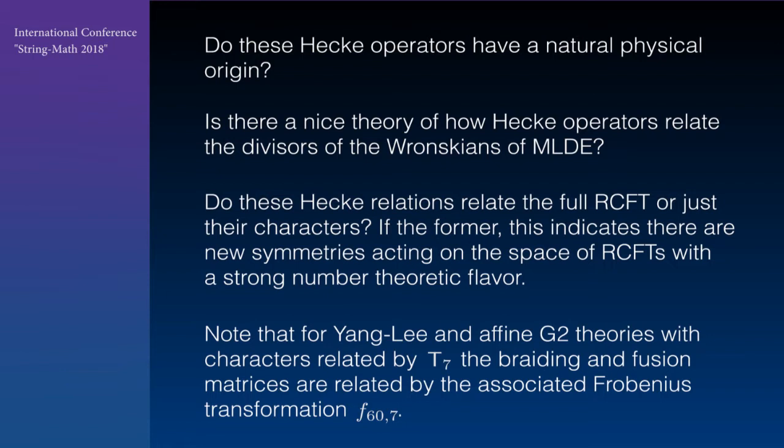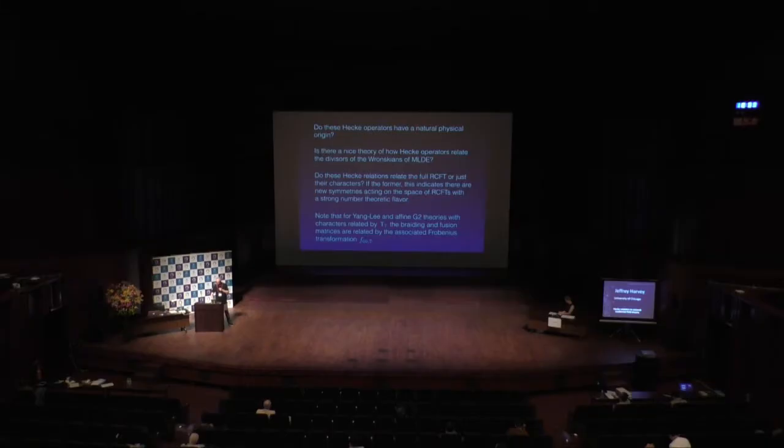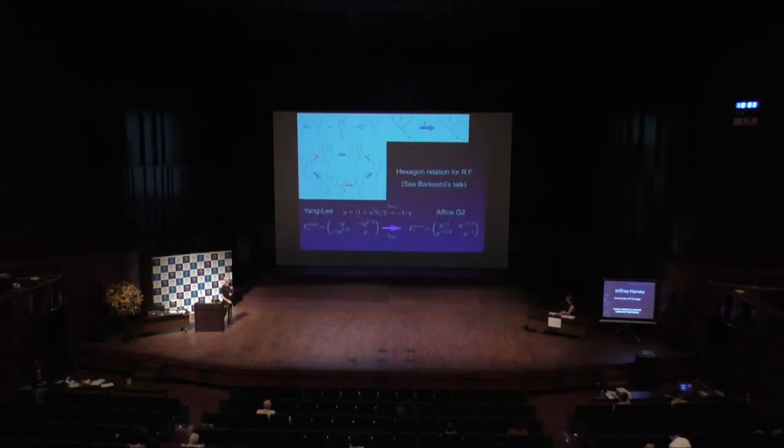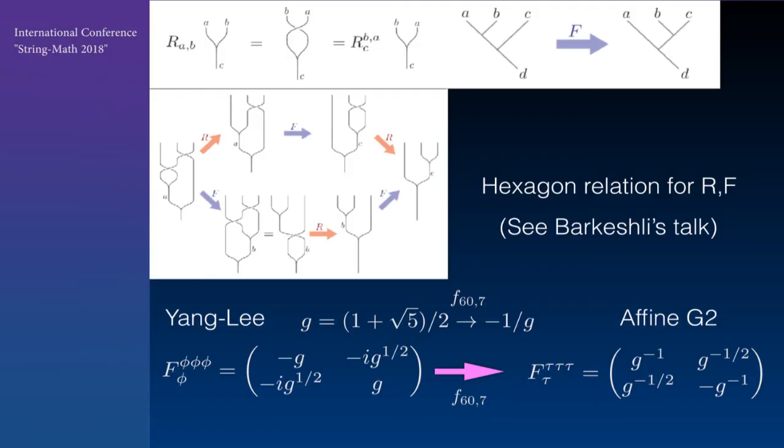For Yang-Lee and affine G2, there is some partial evidence in the braiding and fusing matrices, which we heard about yesterday in Barkeshli's talk. I won't go through the details, but in a modular tensor category that you can extract from a rational conformal field theory, there are these braiding and fusing matrices, and the braiding and fusing matrices of the Yang-Lee model and the affine G2 model are related by the same Galois symmetry that relates the representations of the modular group.